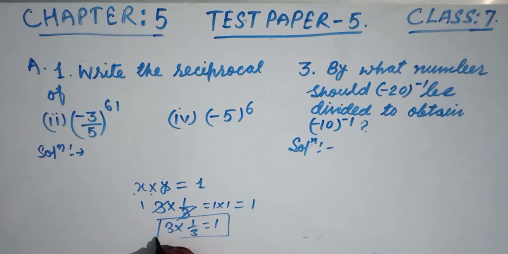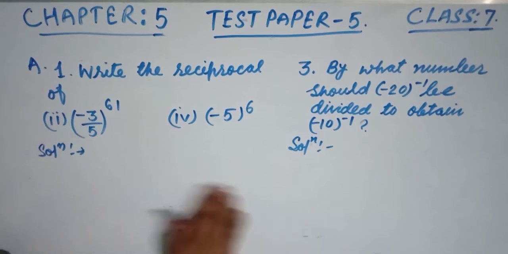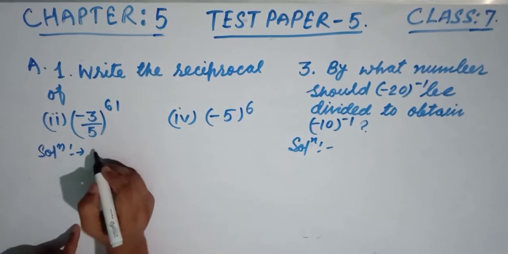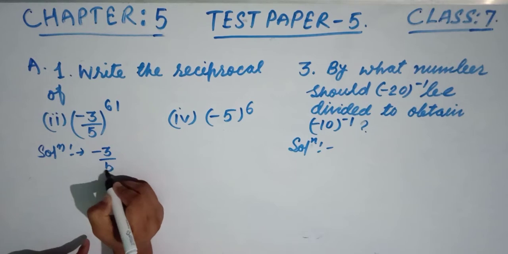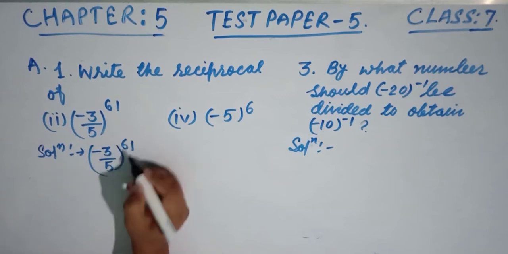Hence we can say 3 is the reciprocal of 1 by 3, and 1 by 3 is also the reciprocal of 3. Okay, now see friends, here is minus 3 by 5 raised to the power 6.